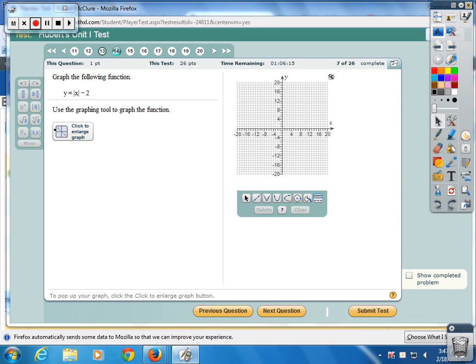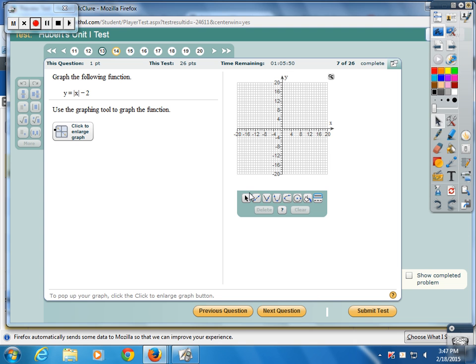Graph the following. Well, how would you graph that? Big old V, vertical shift down, so it'd start right there at 2. Now, you need to graph it with the utility on here, but I'm just showing you how to do it.